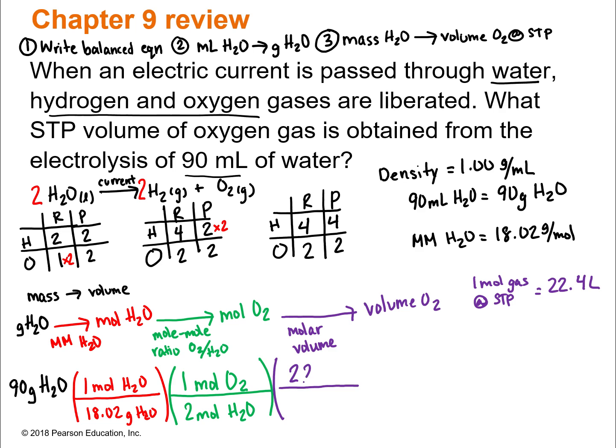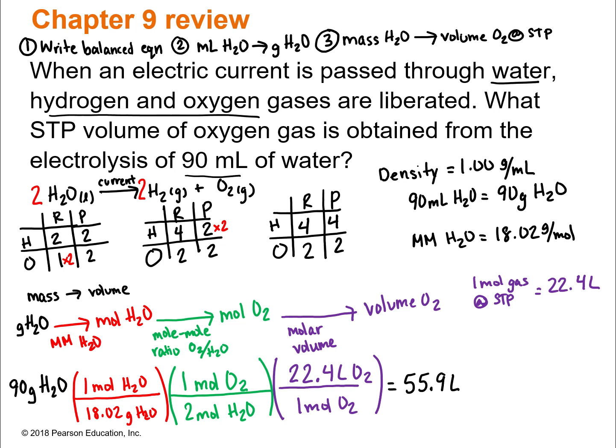We need a volume. So when you put all that together, you should get 55.9 liters.